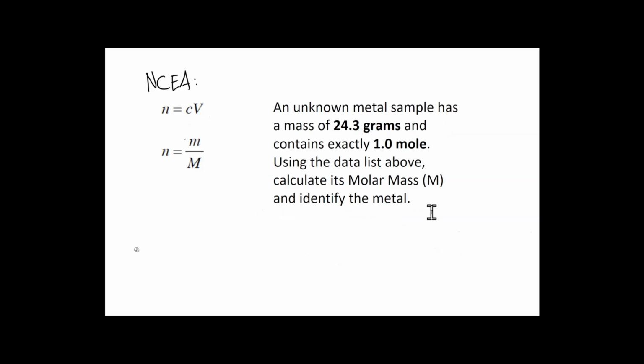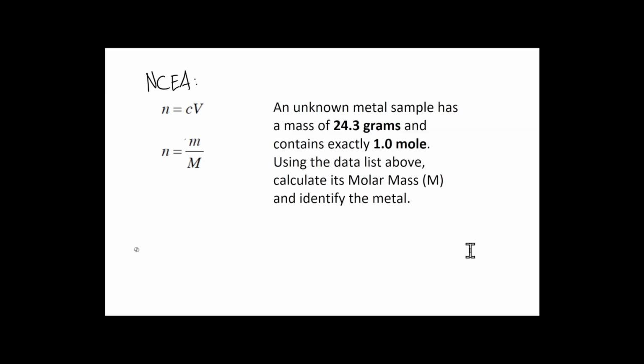So an unknown metal sample has a mass of 24.3 grams and contains exactly 1 mole. Using the data list above, which is the periodic table, calculate its molar mass and identify the metal. So we're going to presume that this metal is a pure metal and it's not an alloy.